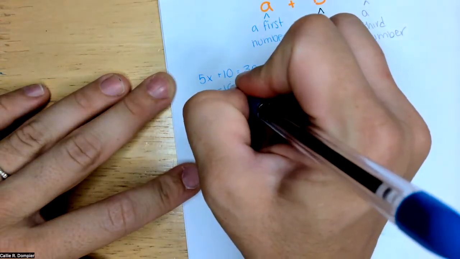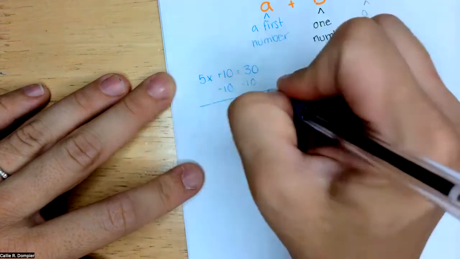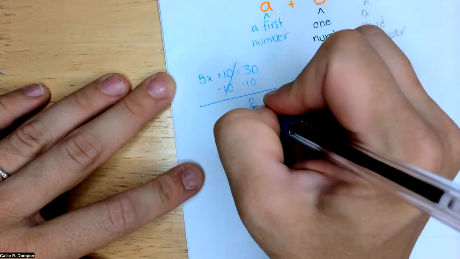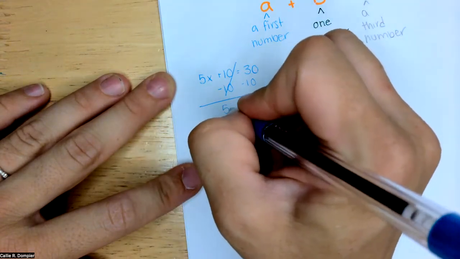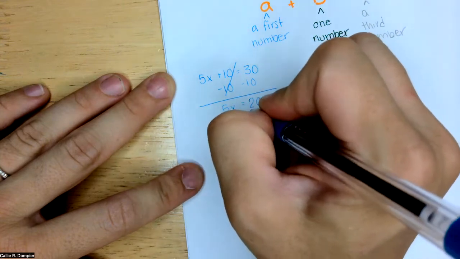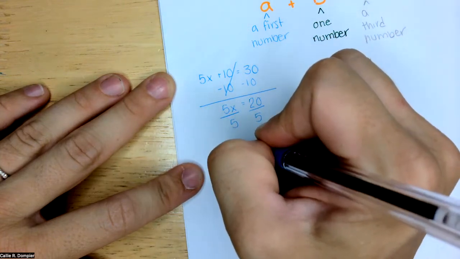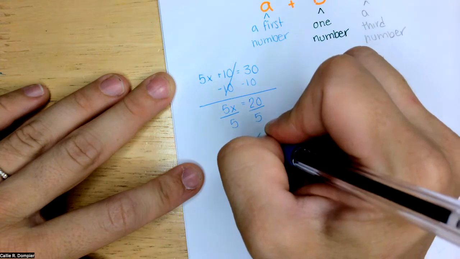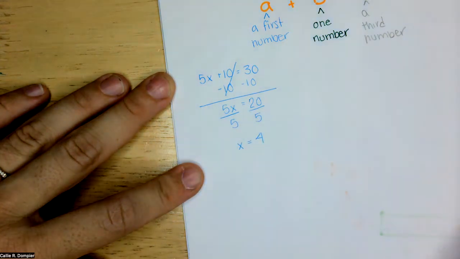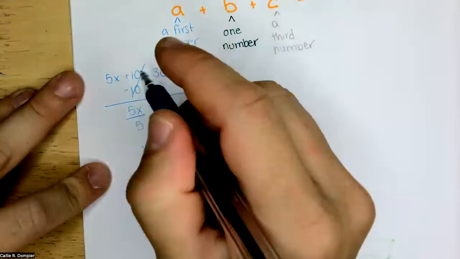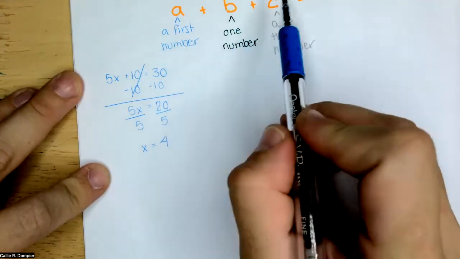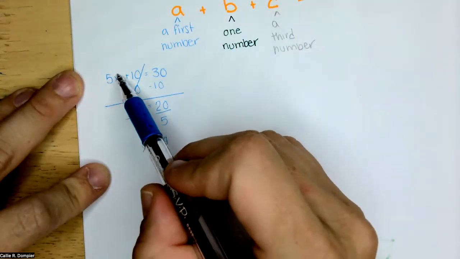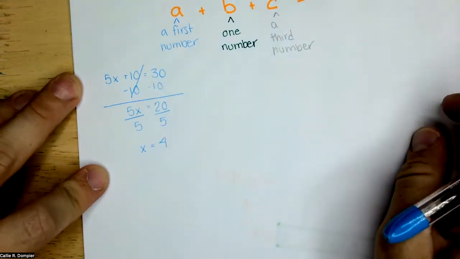We subtract the 10. We get 20 is 5x. We divide by that 5. And we get x is 4. We can solve it when we have one letter. This one letter was x. We move everything else over because everything else are numbers.